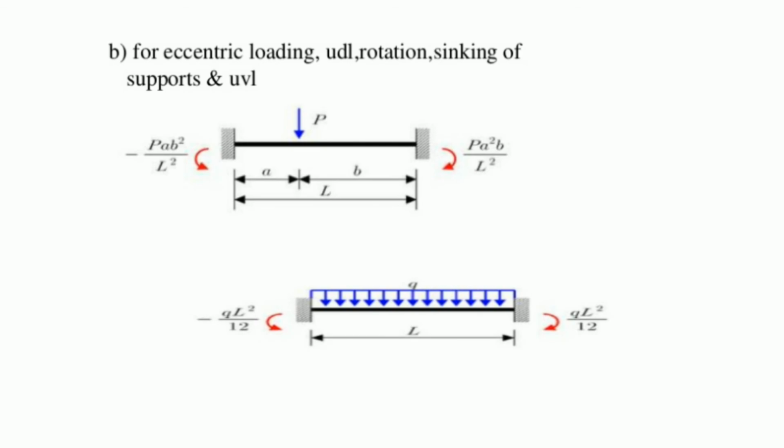The next case is eccentric loading. In this second sketch, P is the magnitude of the load, at a distance A from the left support and B from the right support, where L is the overall length of the beam.